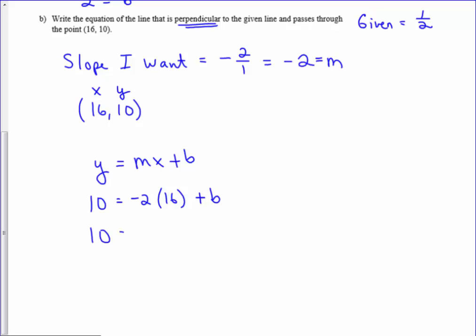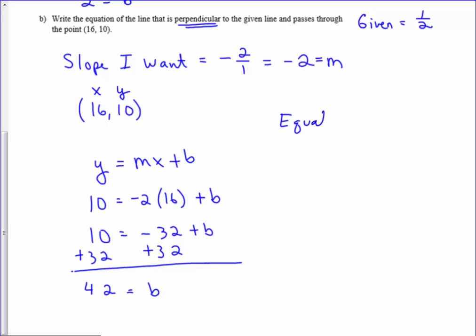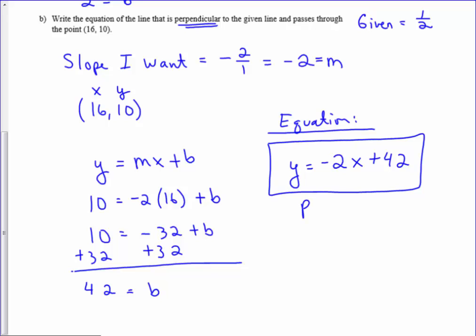So we'd have 10 equals negative 32 plus b, and then solving for b, we'd need to add the 32 over, and so we would have b equals positive 42. So this particular equation would be y equals negative 2x plus 42. This is the equation of the perpendicular line.